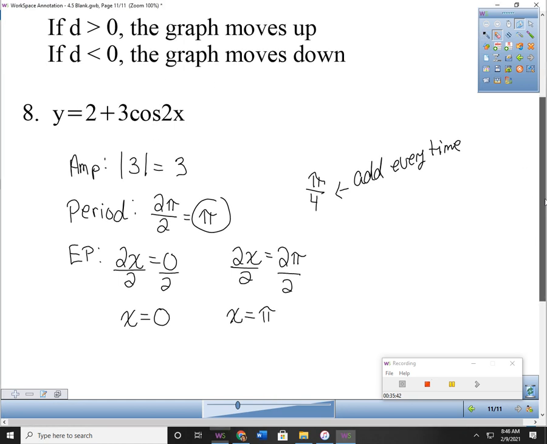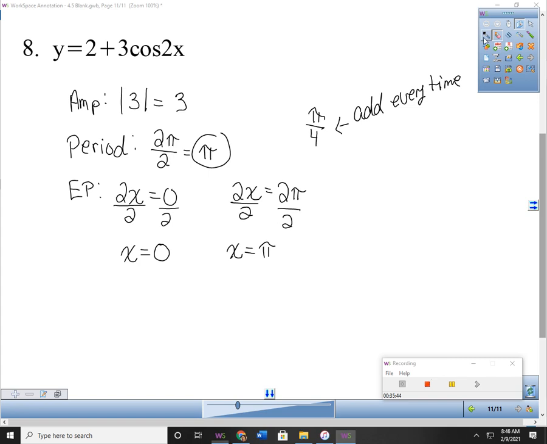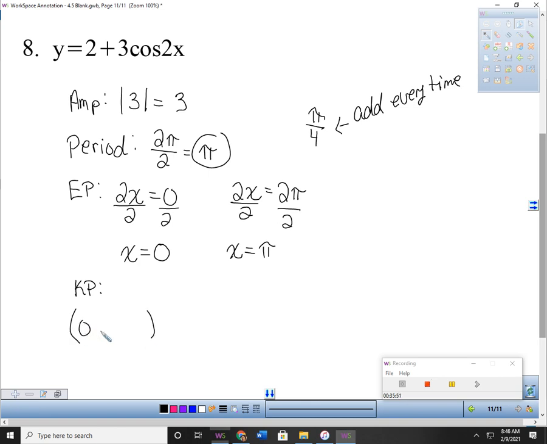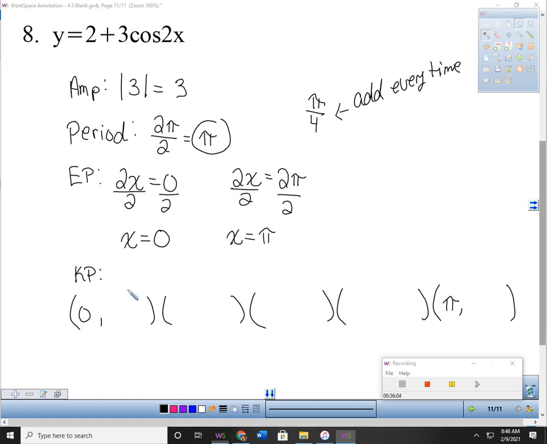Okay? So now we need to talk about our key points. I already know that my first one is going to start at 0. And the last one will end at pi. Since we are doing cosine, I know that we normally start at 1, and then we drop to 0, down to -1, back up to 0, and back up to 1.